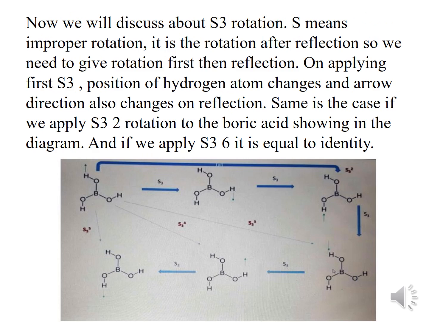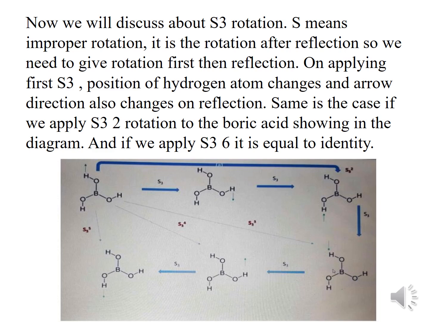Now we will discuss S3 rotation. S means improper rotation. It is rotation followed by reflection. So we need to do rotation first, then reflection. On applying S3 first, the position of the hydrogen atom changes and the arrow direction also changes. On reflection, the same is the case.